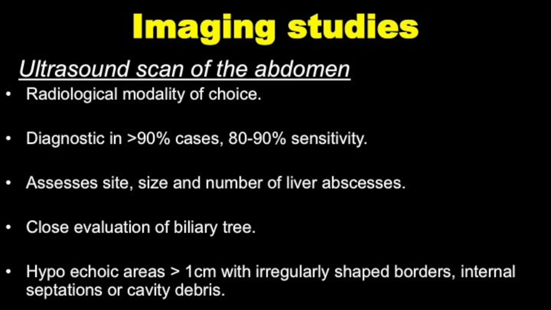And then what you'll see is hypoechoic areas, more than 1 centimeter with irregularly shaped borders. And then also you can see internal septations or cavity debris. All these are findings on ultrasound scan that can point to a liver abscess.